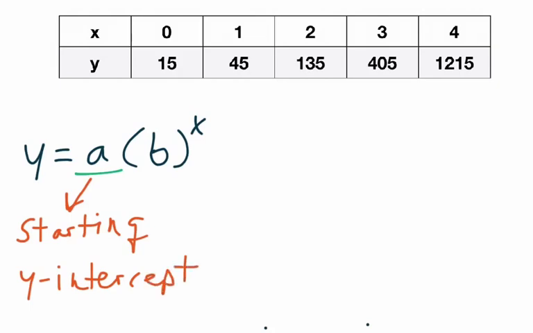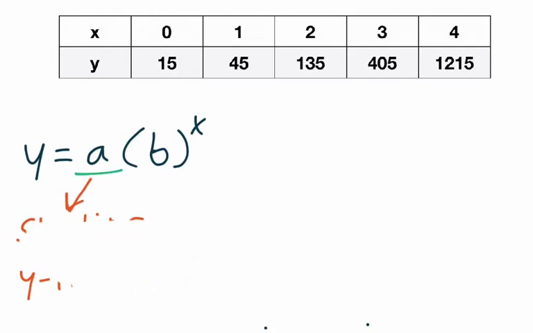We have it on a table here, so we look for where the 0 for x is, and whatever the y is there represents the y-intercept. So the y-intercept on this table, pretty basic, is 15.